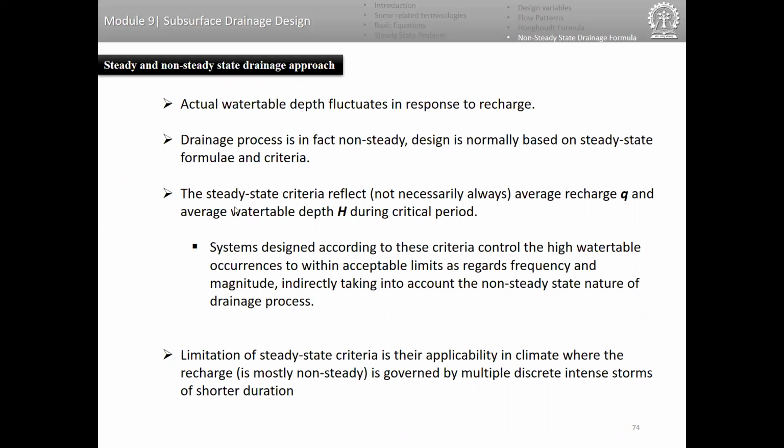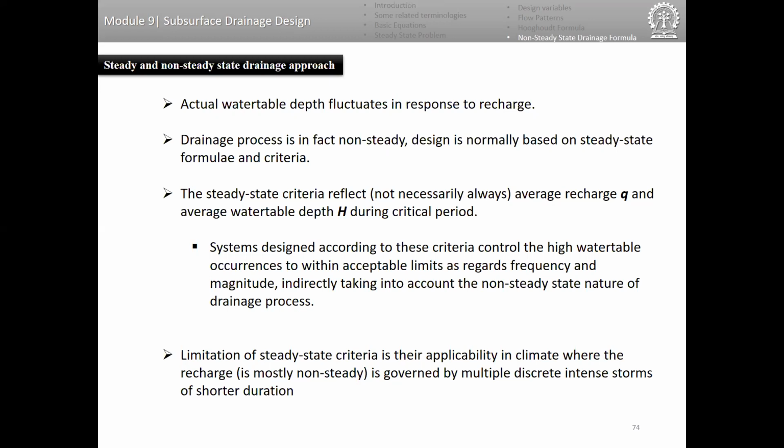So if we go with the steady state condition, the idea behind the steady state approach, or steady state criteria, is that we are designing with the condition of average recharge Q and average water table H, and non-steady behavior is being indirectly captured in the steady state computation.